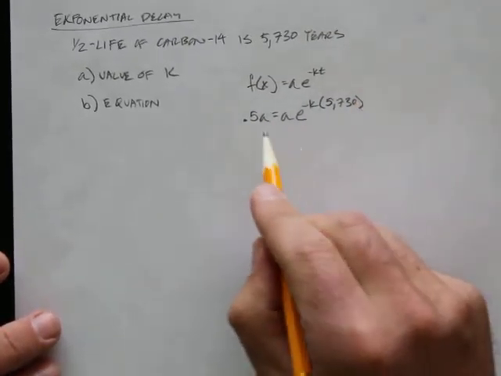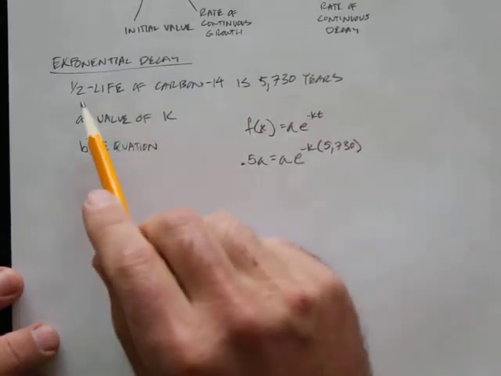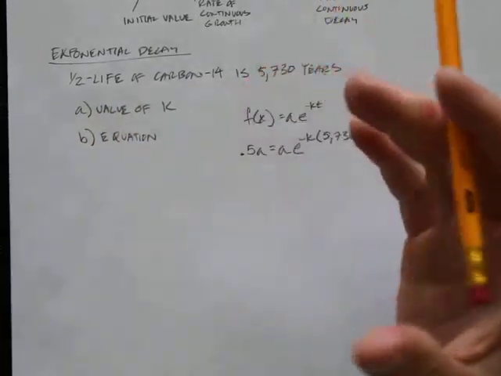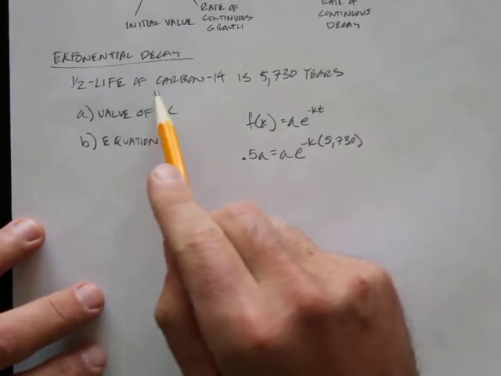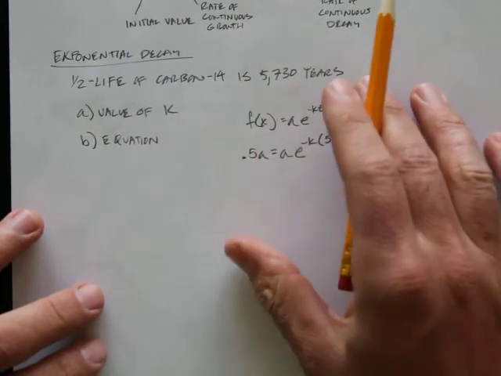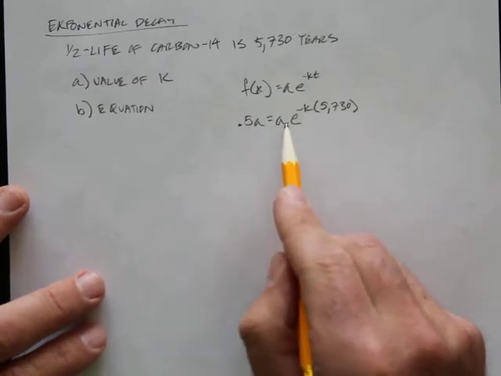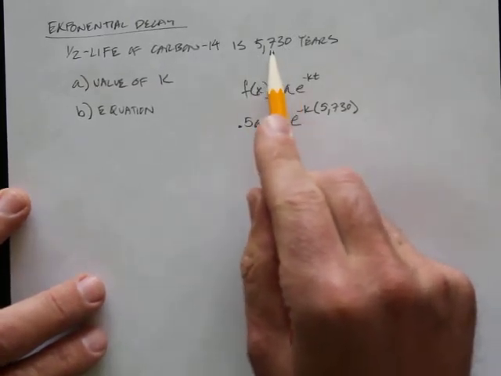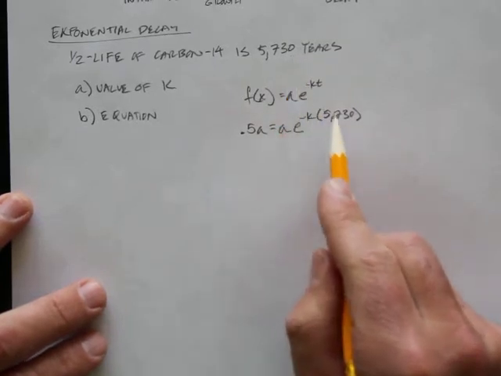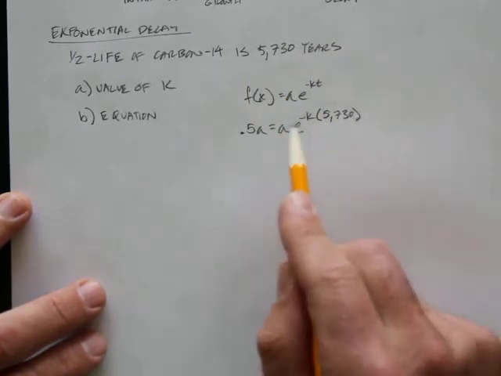Let me explain it. If we start with whatever the object is and it has a full amount of carbon-14 in it, and we go for 5,730 years, then there should be half that much carbon left.